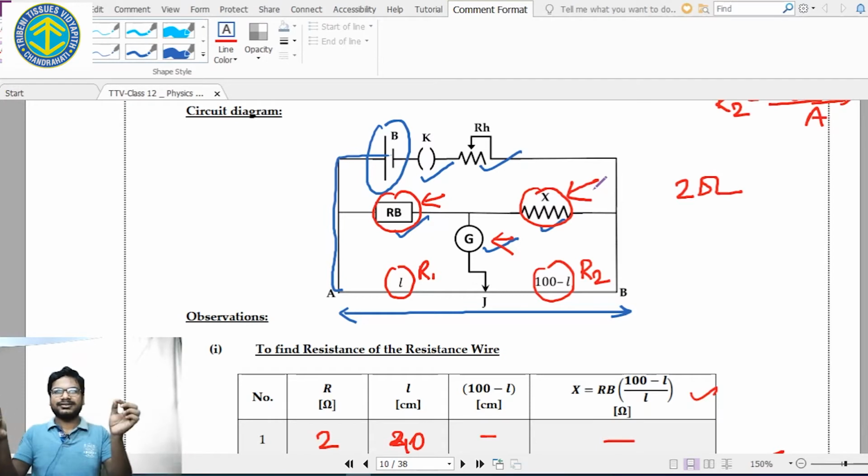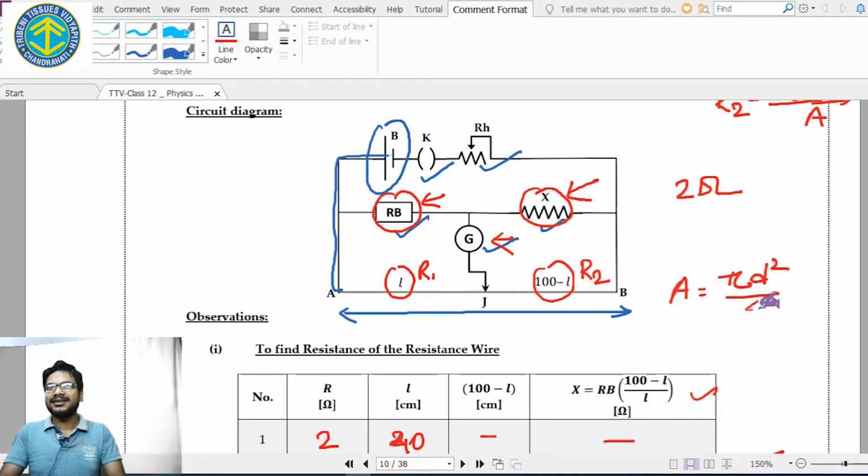It's called the sample wire, and we have to find out the diameter of the sample wire by using a screw gauge. And once we have the diameter, we have to find out the cross sectional area A, and the formula is A equals pi d square by 4.